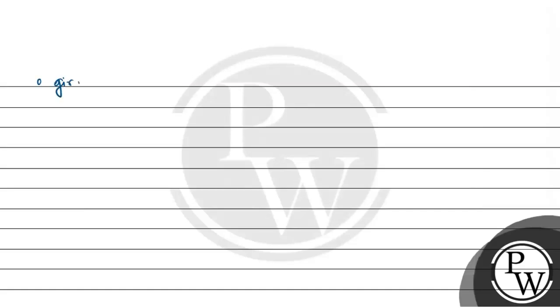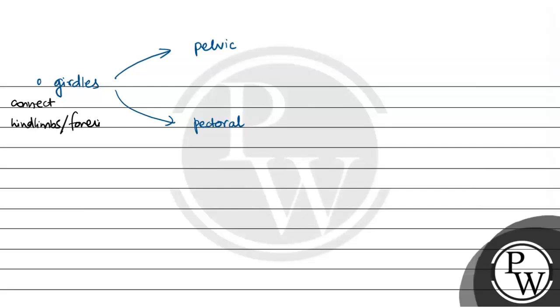Next होते हैं girdles. The girdles consist of the pelvic girdle and the pectoral girdle. And girdles का main function होता है to connect the hind limb or forelimb bones to the axial side, to the axial skeleton.